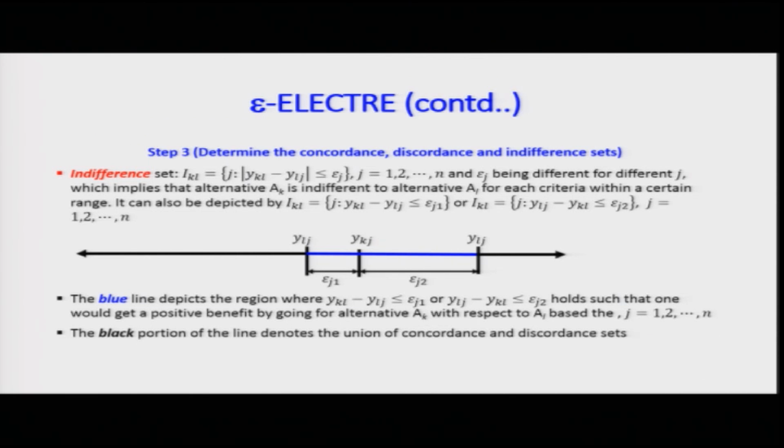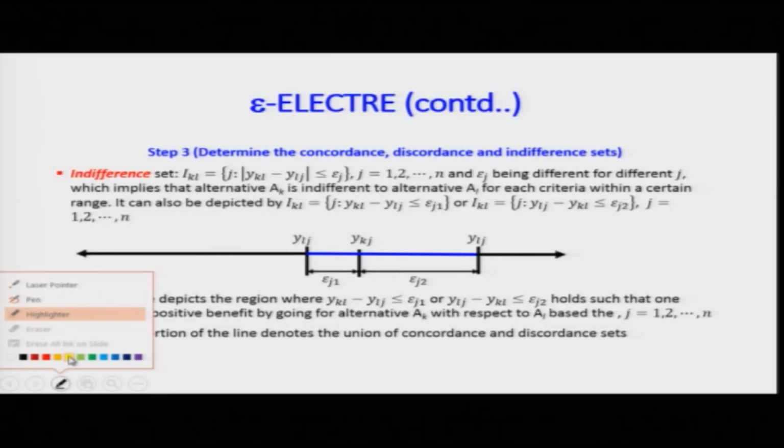It can also be dictated by different levels of epsilon. For example, for criteria j 3, we can have a positive and a negative one. So, one epsilon value for the indifference on the positive side and one on the negative side. That means we have the bandwidth of indifference. That indifference can also be divided into two unequal zones. Those unequal zones would be dictated by epsilon 3 1 and epsilon 3 2, where 3 is the criteria, and 1 and 2 are the different levels of epsilon we assign.